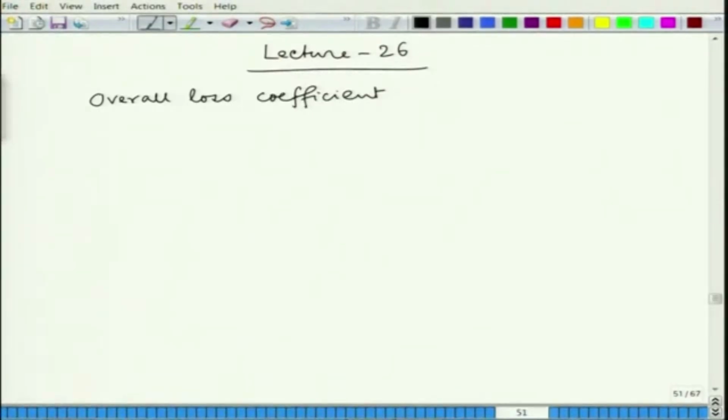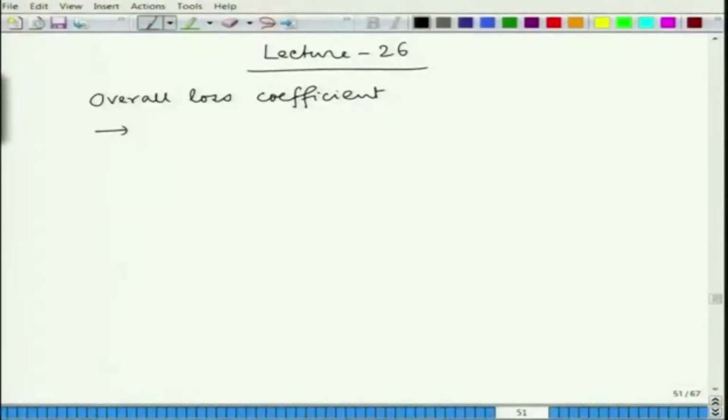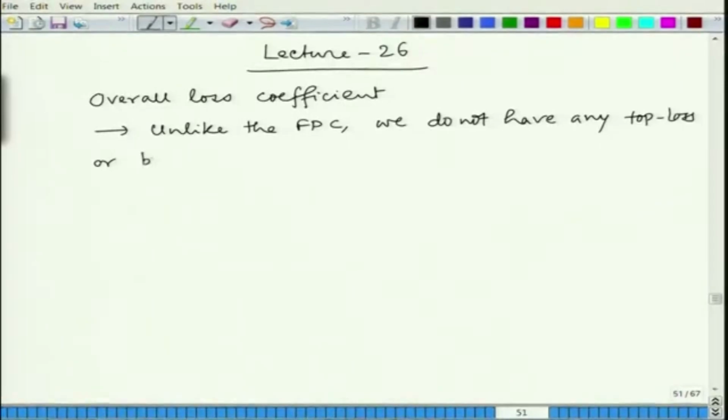So, here we have to go back to the drawing board, that means we have to find out the thermal circuit again, and then only we will be able to find out this overall loss coefficient. So, here unlike the flat plate collector, we do not have any top loss coefficient or bottom loss coefficient.